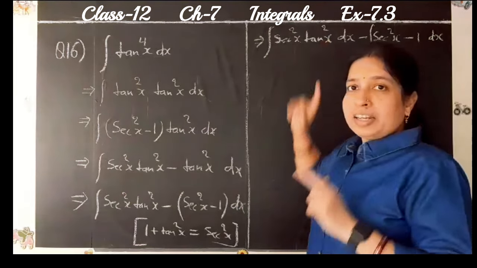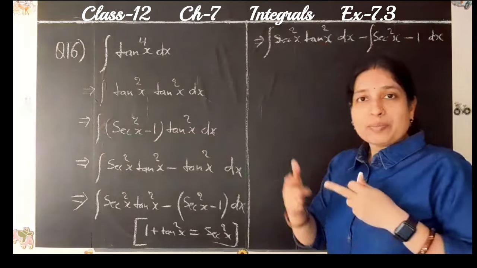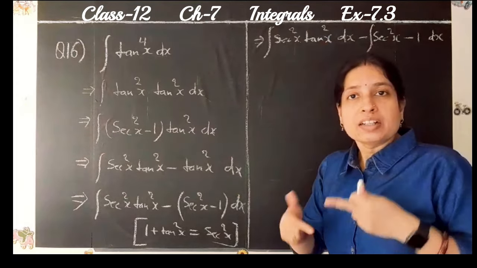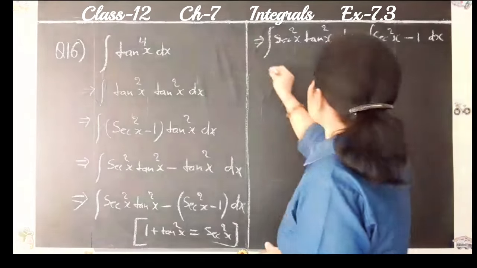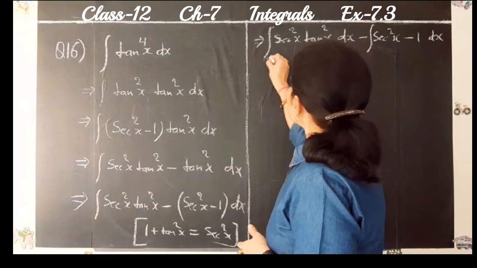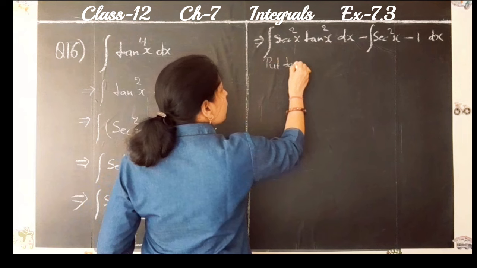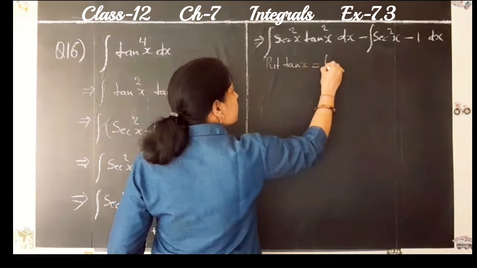For this integral, if we put tan x is equal to t, then when we integrate tan x, we get sec square x. Yes. So integration by substitution method use here. So put here tan x is equal to t.